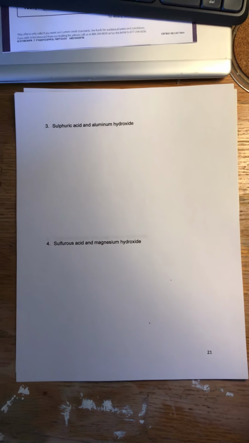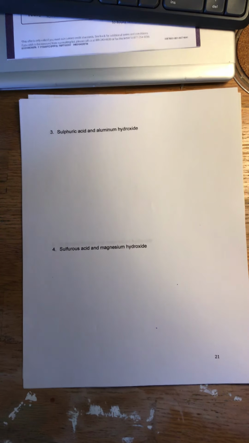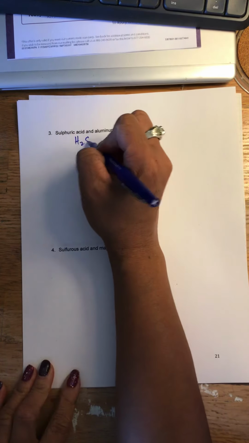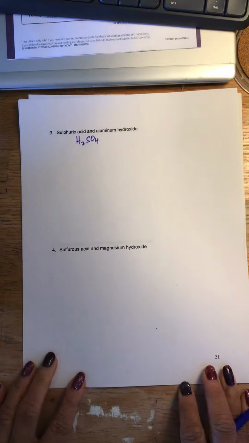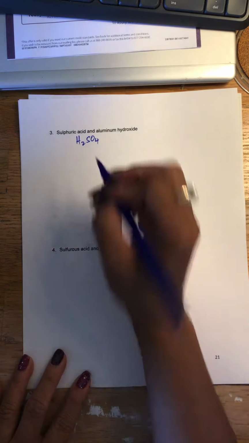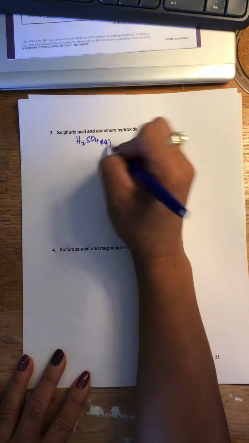Number 3. So we have sulfuric acid and aluminum hydroxide. Sulfuric acid is H2SO4, that would be aqueous.